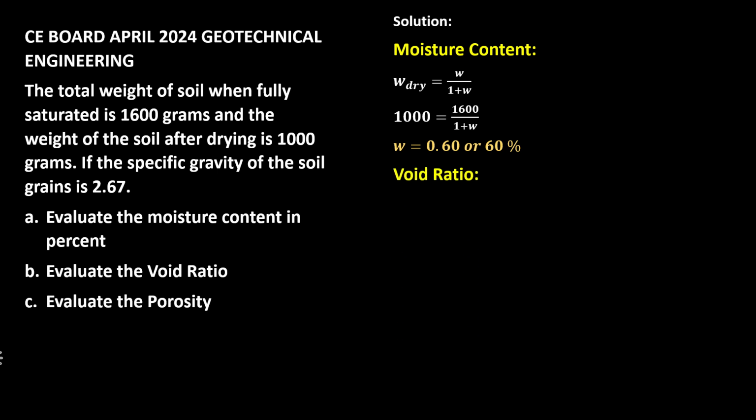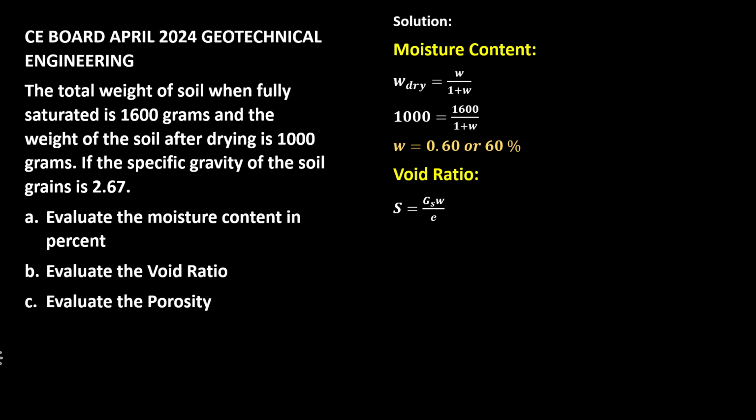The next item that we have to evaluate is the void ratio. And the best formula that is suited to this situation is S equals Gs times w all over e. In this given problem, since the soil is fully saturated, the value of our S will be 100%.